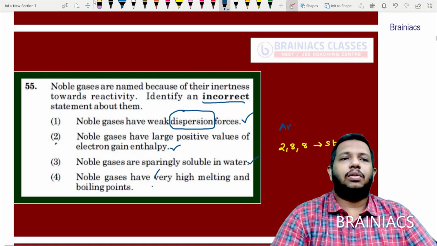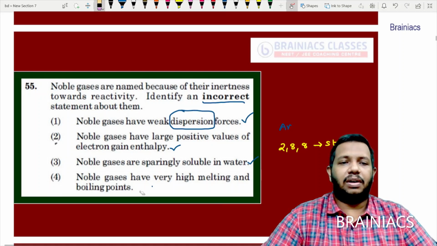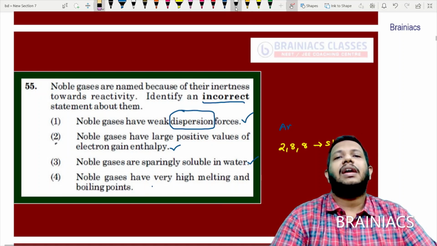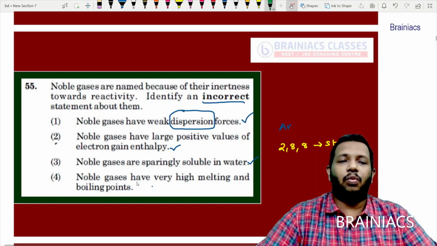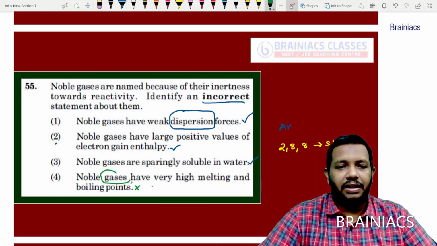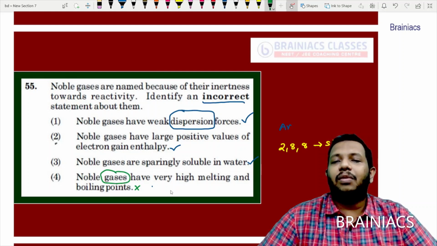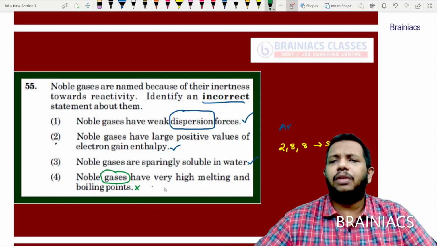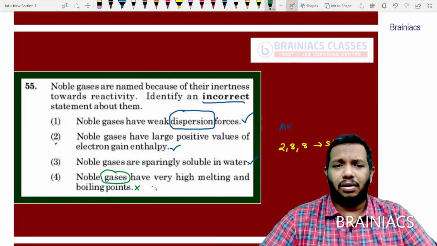Now if you go to the last statement, noble gases have very high melting point and boiling point. That is comparatively the wrong statement. Why? Because from the term itself, they are gases. We know that noble gases are very much volatile. They will easily go into the gaseous state, so you don't need to apply a huge amount of temperature to get into the vapor state.